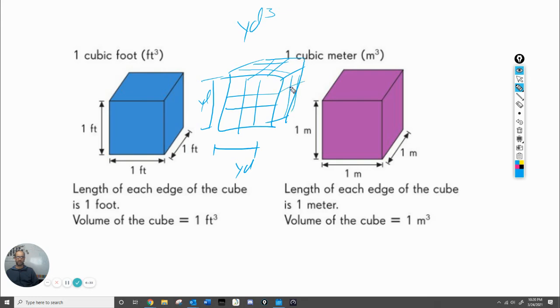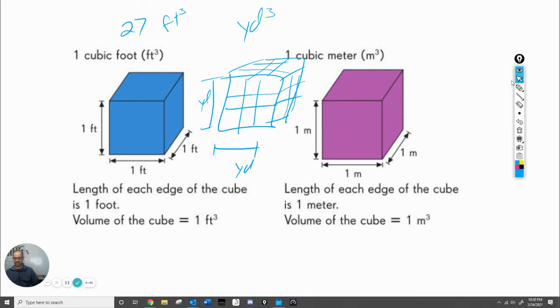And this is good artwork on my part. A cubic yard also equals 27 cubic feet. Trust me, it'll make sense, because it's 3 feet by 3 feet by 3 feet.